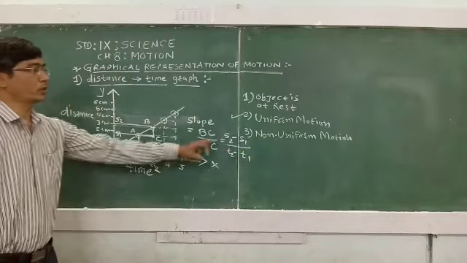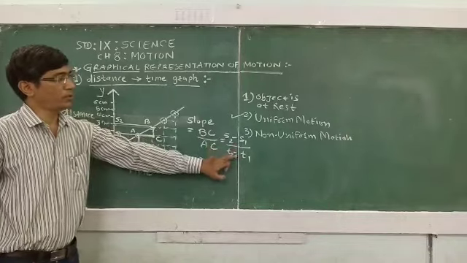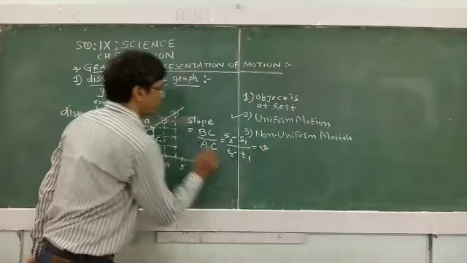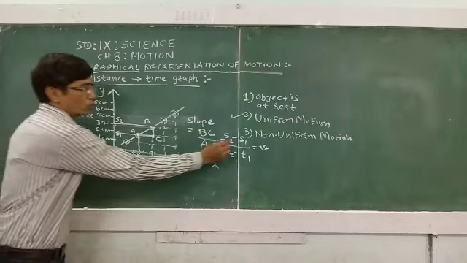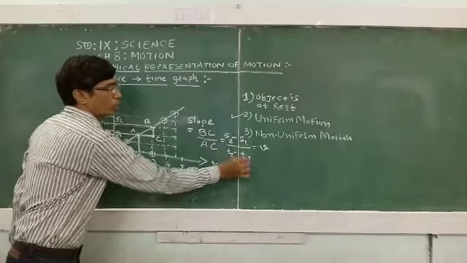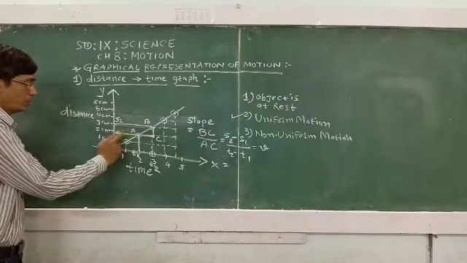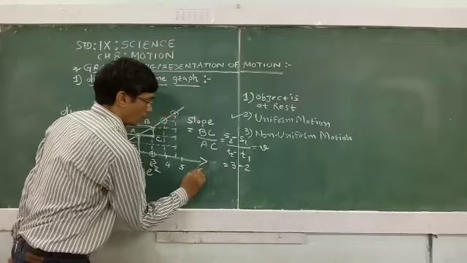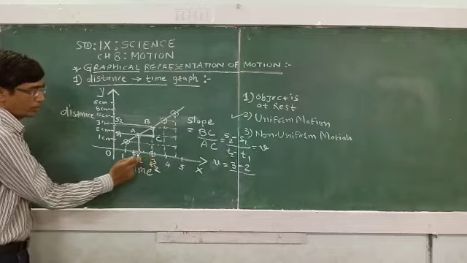This is the distance covered in the given time interval, which gives the speed. So the speed is given by the slope of the distance versus time graph: BC upon AC, equal to S2 minus S1 upon T2 minus T1, which is 3 minus 2 upon 3 minus 2.